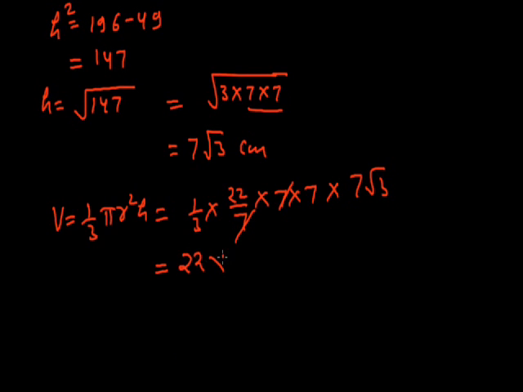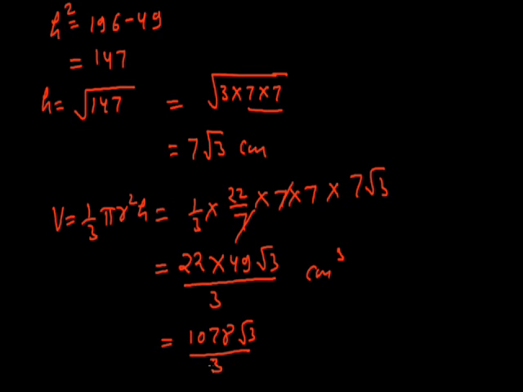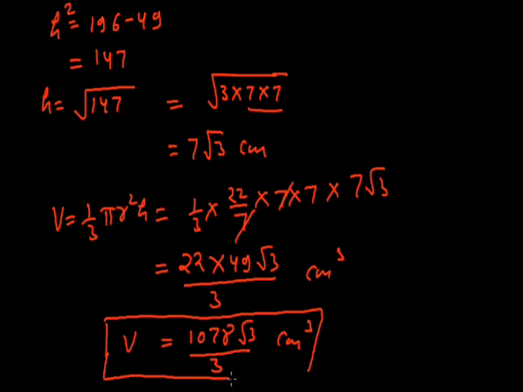So 22 into 49 root 3 divided by 3 centimeter cubic. Now 22 into 49, we are getting 1078, and root 3 as it is, divided by 3, centimeter cubic. So this is the volume of the cone obtained from a semicircular sheet. Thank you.